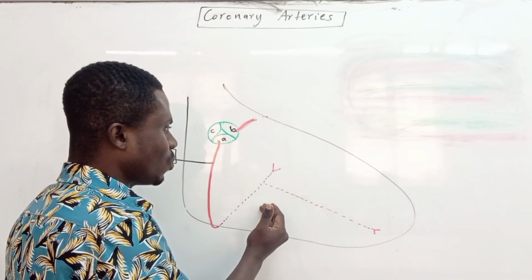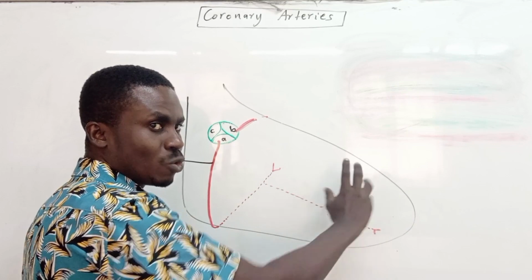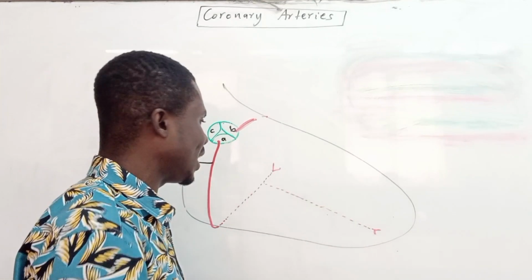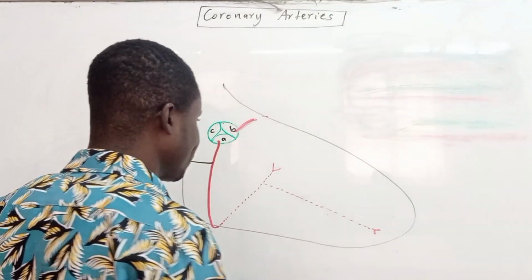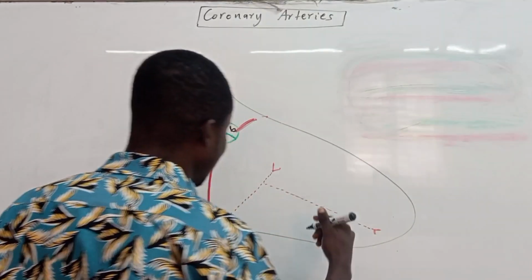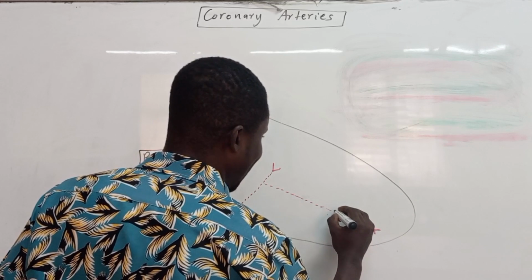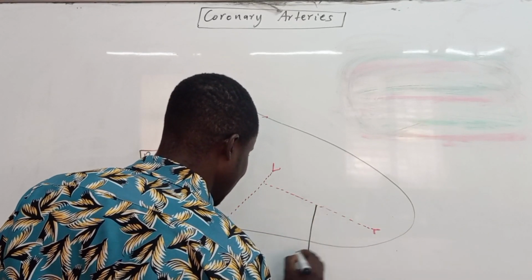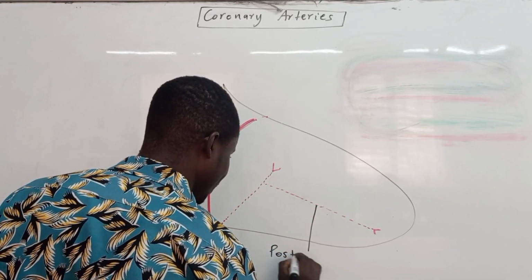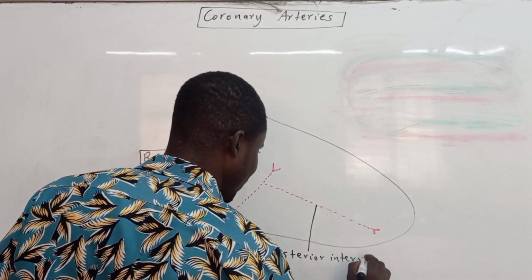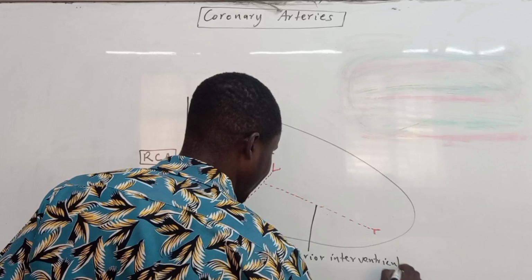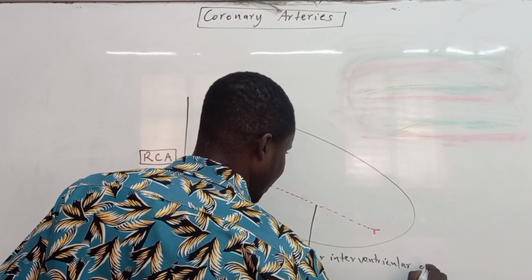So the groove or sulcus behind over there will be the posterior interventricular groove or interventricular sulcus. So what I have over here is nothing but the posterior interventricular artery.